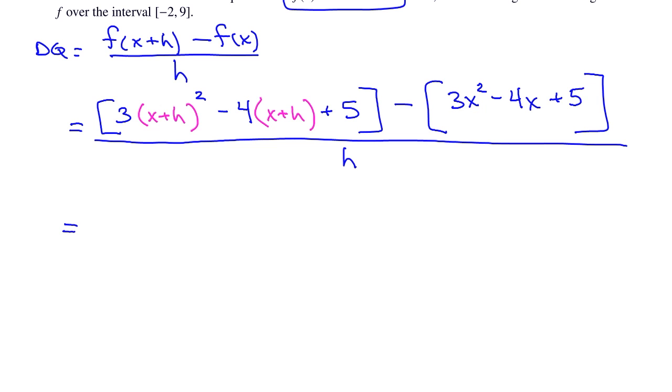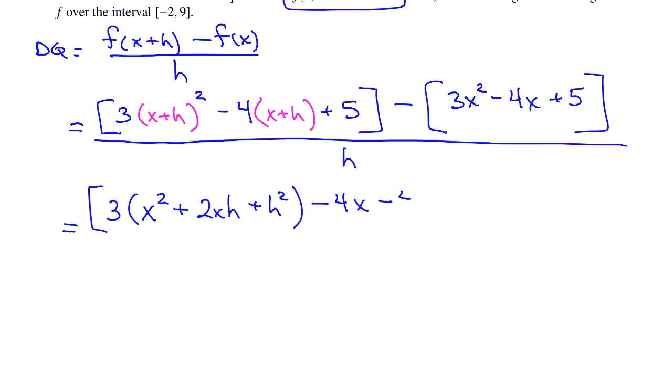The first thing I will do is multiply out x plus h using our little trick again. It's x squared plus 2xh plus h squared. Distribute the -4, you get -4x minus 4h, then plus 5. I'll leave this in parentheses for one more step.